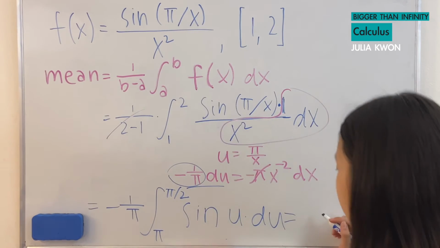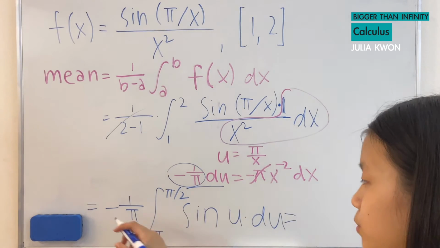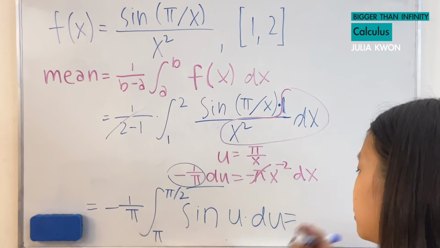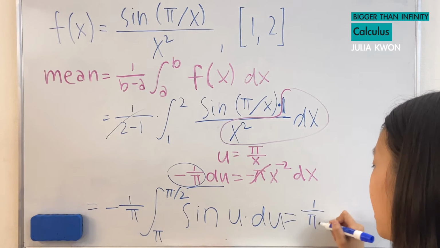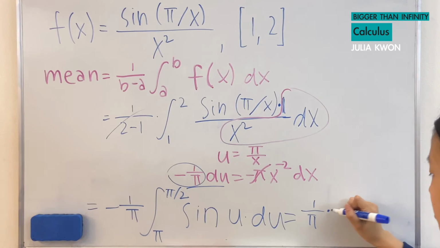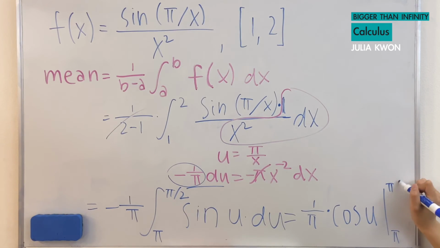And now we integrate sine u, and we have negative cosine u, but since we already have a negative here, everything will just cancel out, and we'll just have positive 1 divided by pi times cosine u from pi to pi divided by 2.